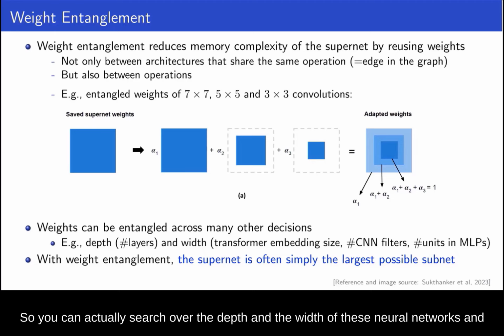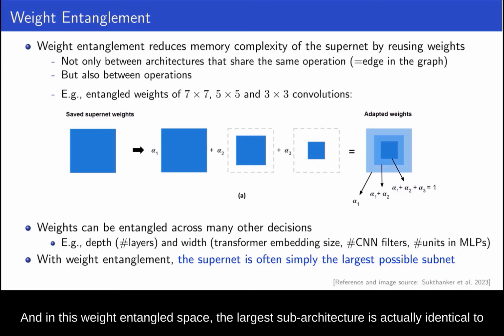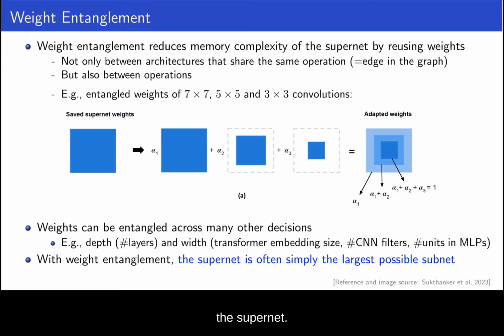So you can search over the depth and the width of these neural networks, and also sizes of the convolutions, all in a weight entangled space. And in this weight entangled space, the largest sub-architecture is identical to the supernet.